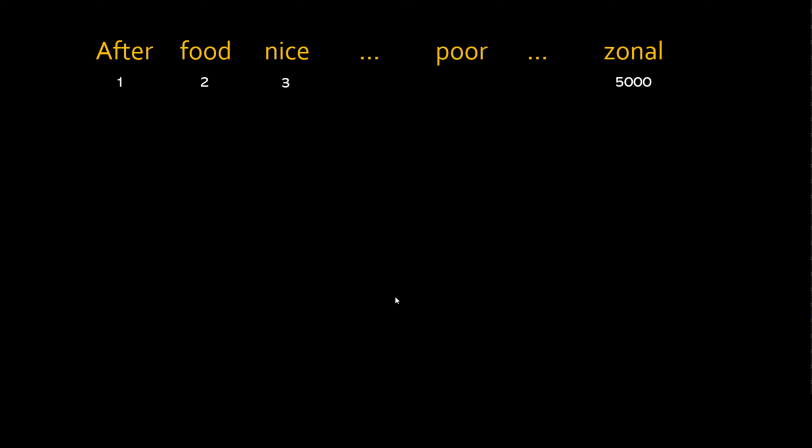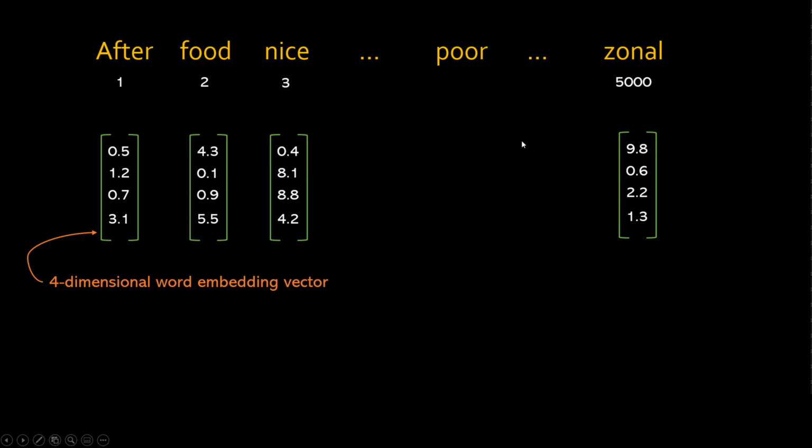Now you have, let's say, 100 food reviews. For that, you will first decide the vocabulary. Vocabulary is all the words that appear in the food reviews. So let's say you have 5,000 words in your vocabulary. Your goal is to come up with a word embedding vector with dimension 4.